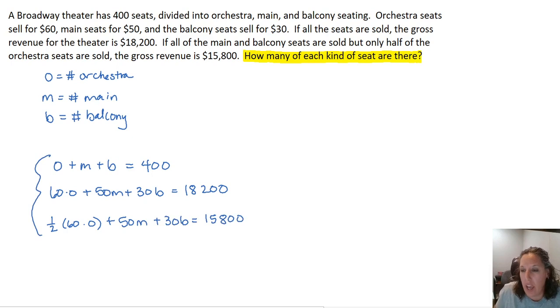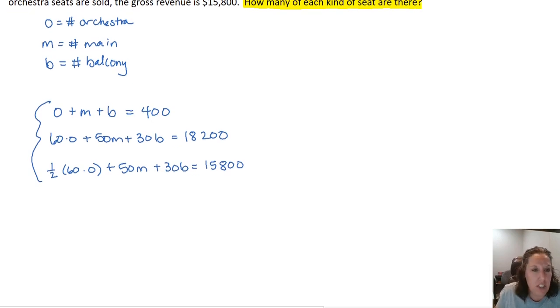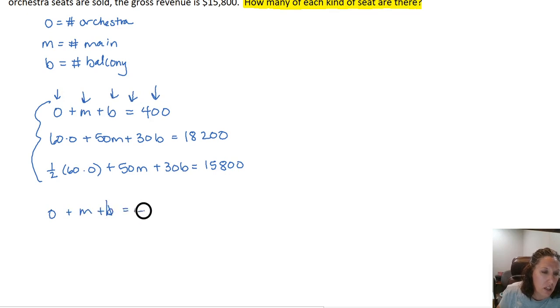Let's go ahead and simplify this just a little bit, make sure we have everything lined up. Our orchestra, our main, our balcony, our equals, and our constants all lined up. So we're going to get orchestra plus main plus balcony equals 400.